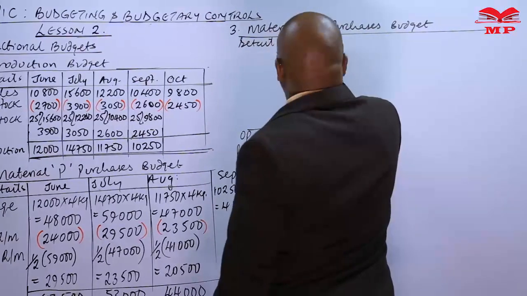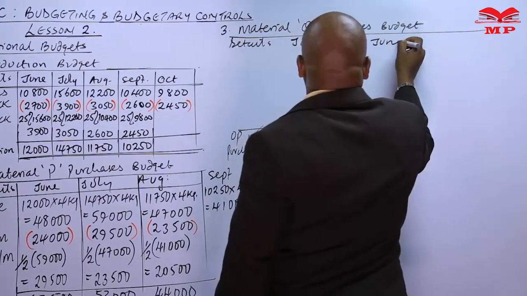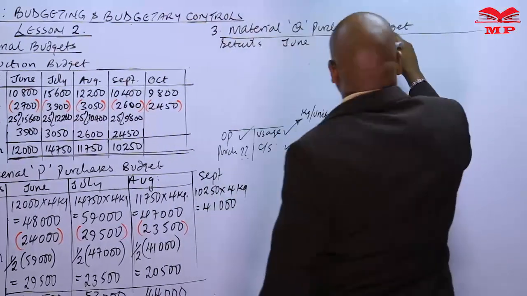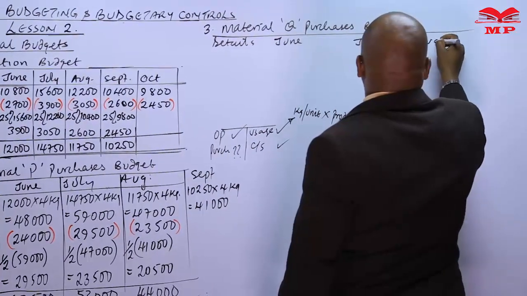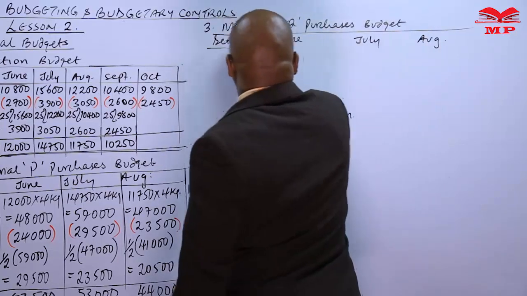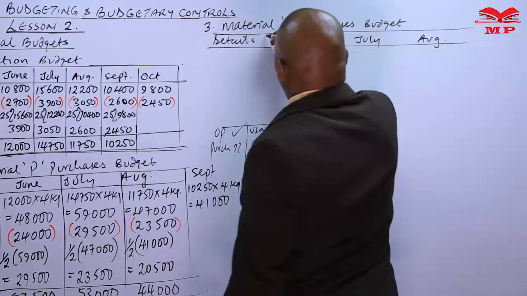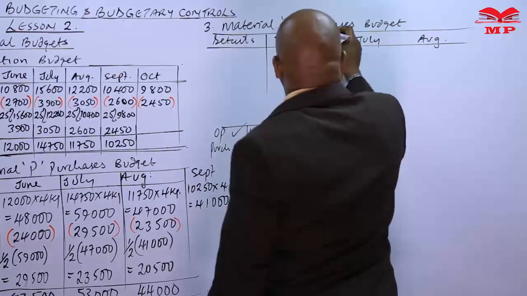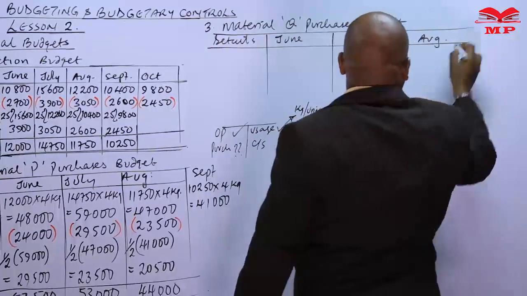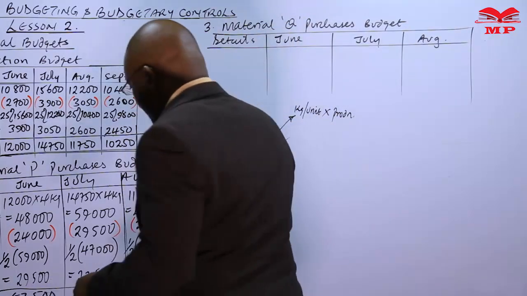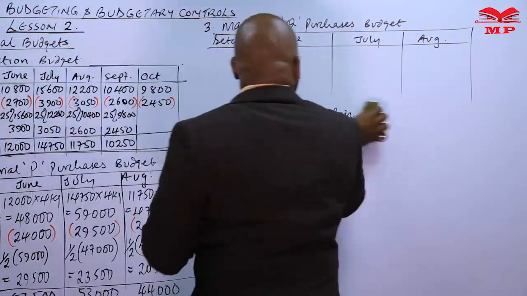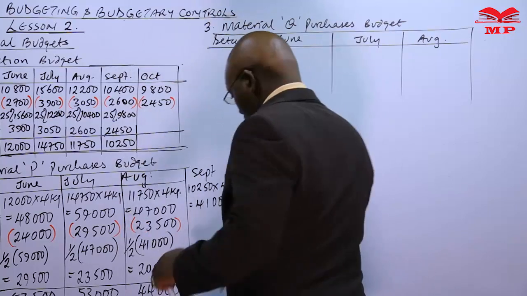We have June, July, we have August. So that now we can have the usage for this material Q.